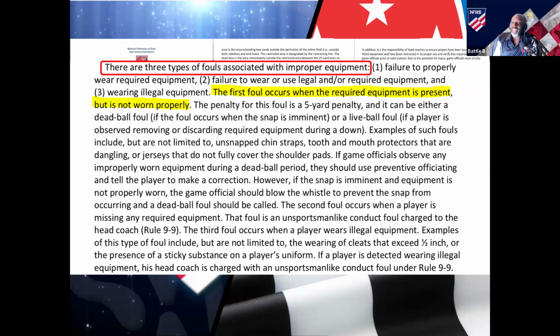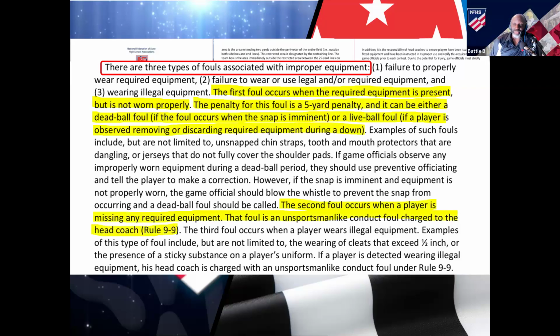I was new. And we give a 5-yard penalty, a live ball foul. The official observed that it's not in, doing a live ball foul. And I remember my officials told me, if you see a player doing a play that doesn't have their mouthpiece in their mouth, assume that they had it in and it fell out during the play. All right? And that's what it's talking about here.